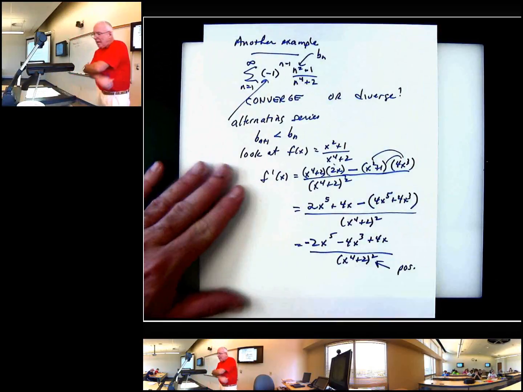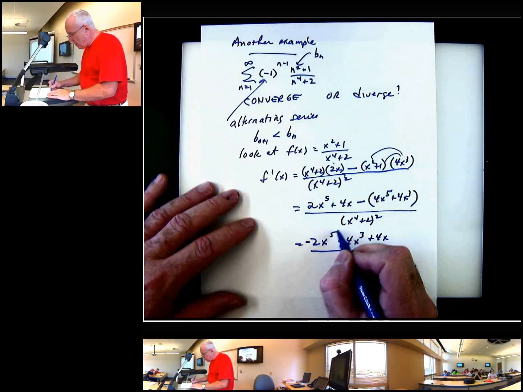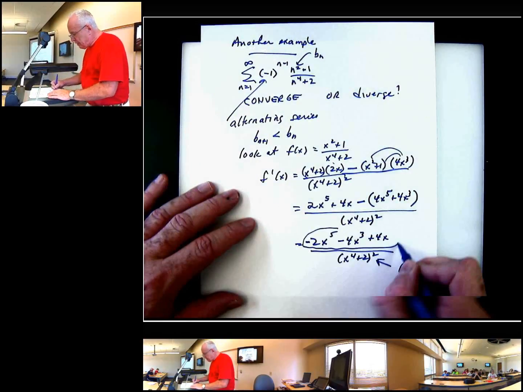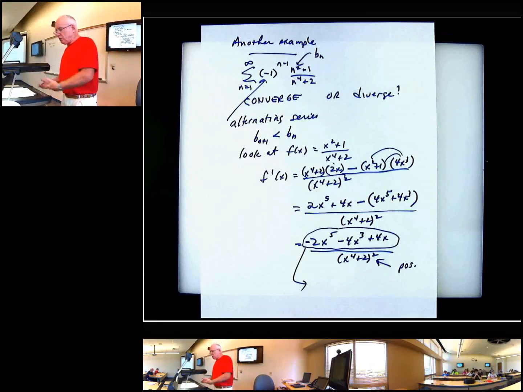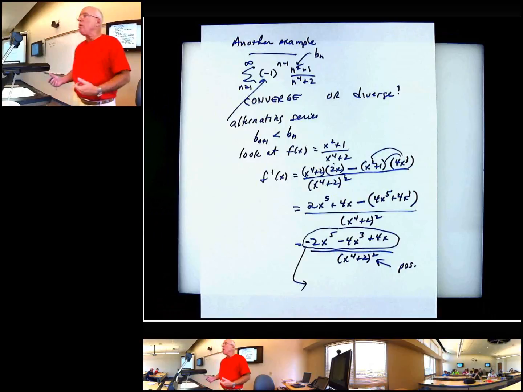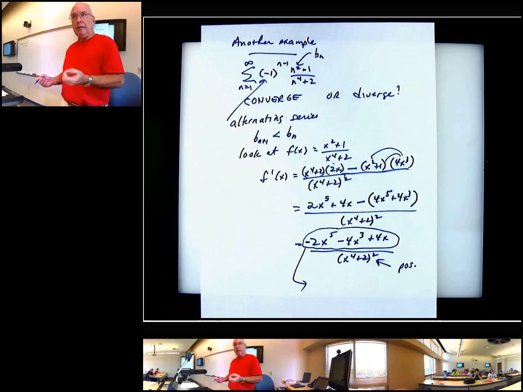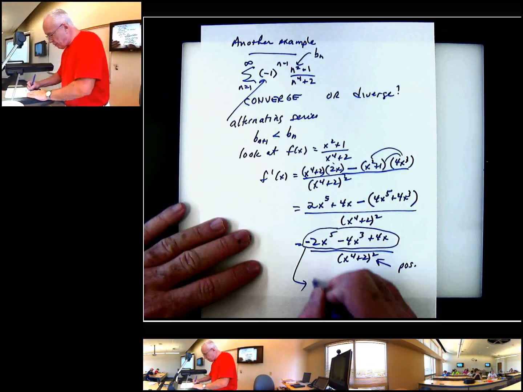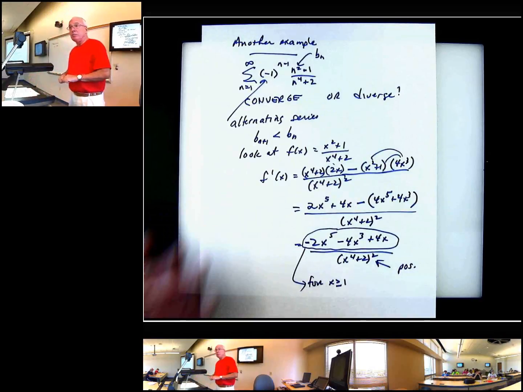Let's wave our hands at this a little bit. This top part, look, we have a minus 2x to the 5th power, minus 4x to the 3rd power, and then all we're adding on to it is a 4x. So I think you can believe me that for x bigger than or equal to 1, that thing's going to be a negative number.